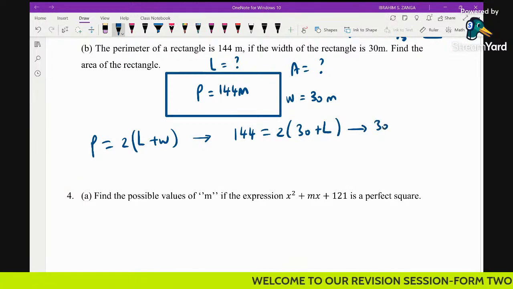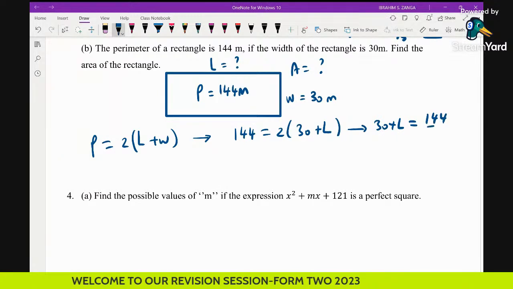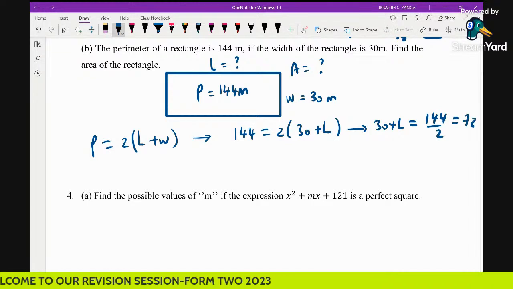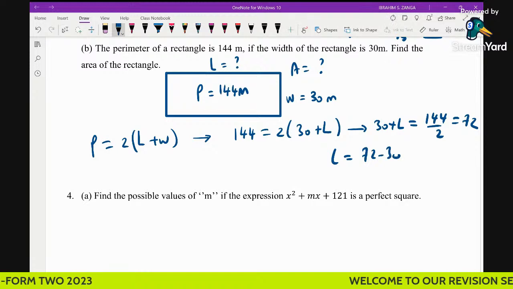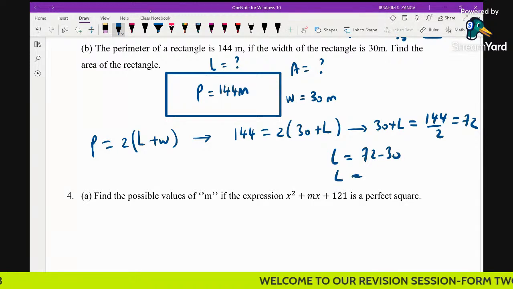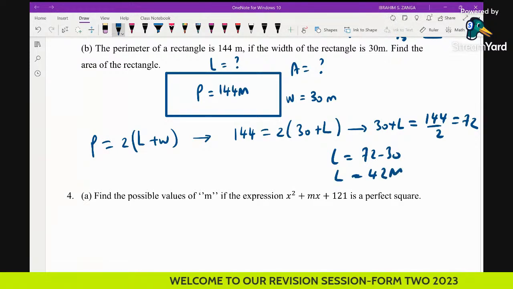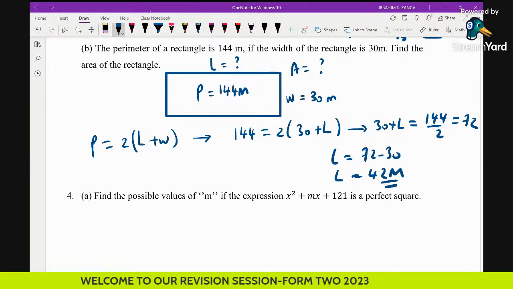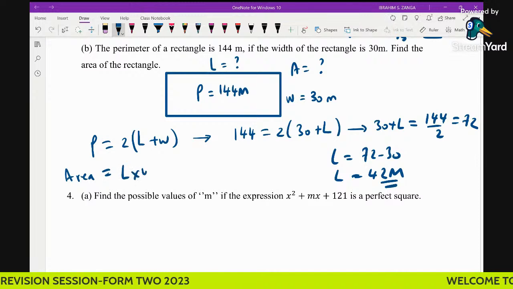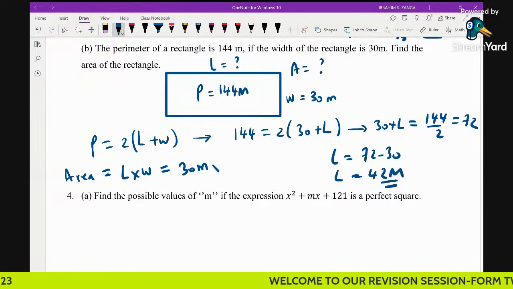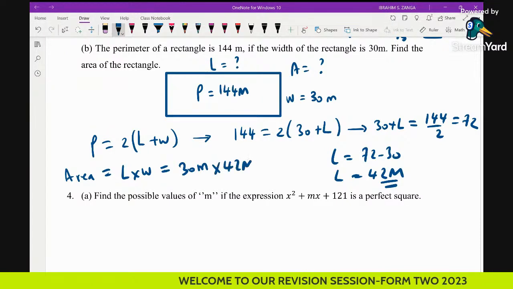So 30 plus L equals 144 divided by 2, which equals 72. So L will be 72 minus 30, L will be 42 meters. So now the area, dear students, will be length times width, which is 30 meters times 42 meters.